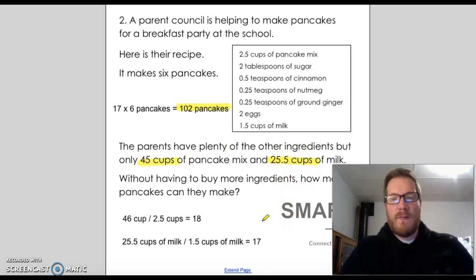So again, what I'm trying to do is read the question carefully, look for the numbers in the question, and recognize that this lesson is about division, so at some point along the way, I'm going to have to divide. And also recognize what the last part says: how many pancakes can they make?